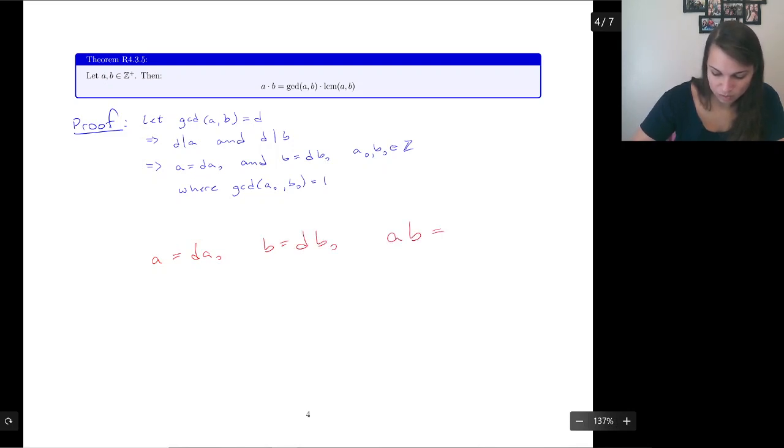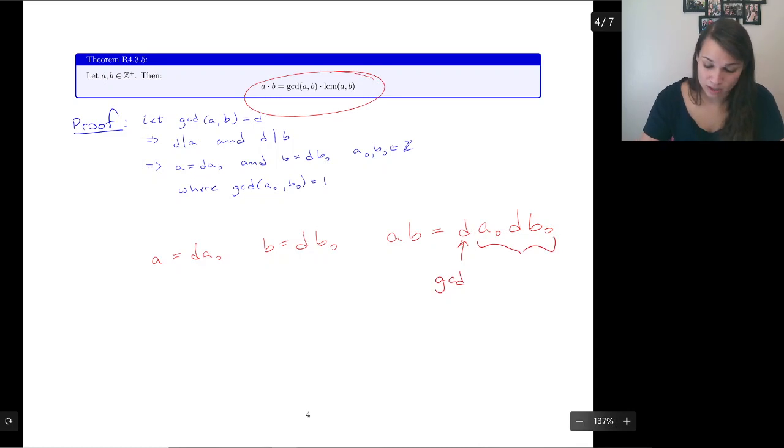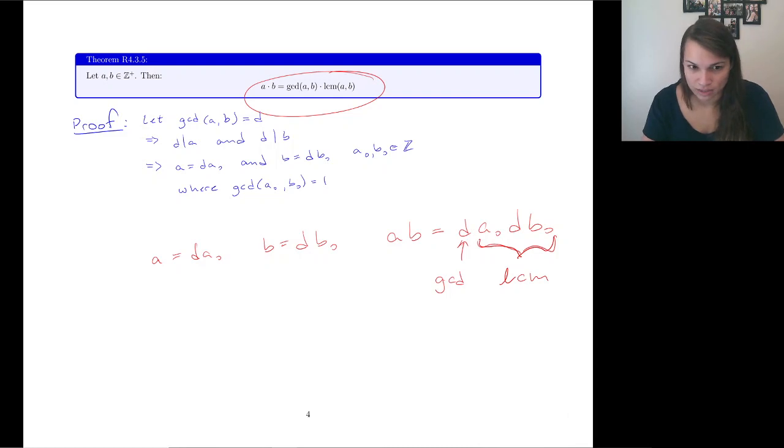If I were to multiply them together, I would get D times A naught, D times B naught. I know that this part is the GCD, which means if it's going to be equal to the GCD times the LCM, I've got to prove that this other piece is the LCM. So that's where we're headed.